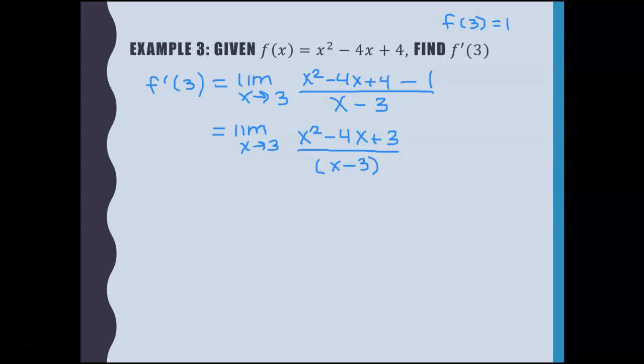So we get 0 over 0 when we find the limit by direct substitution. So we know if we get 0 over 0, that's the indeterminate form. If you get the indeterminate form, that tells you algebraically you can do something to clean this up, which is to factor the numerator.